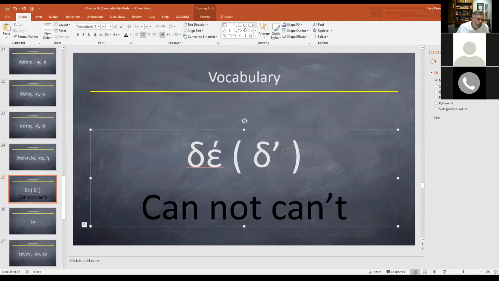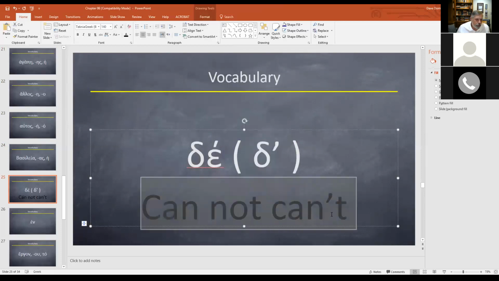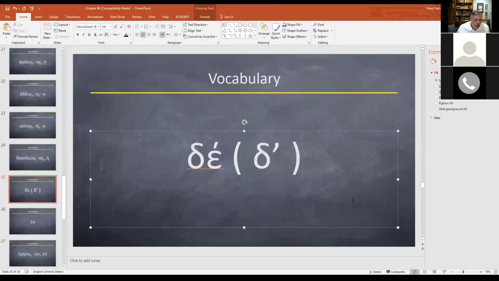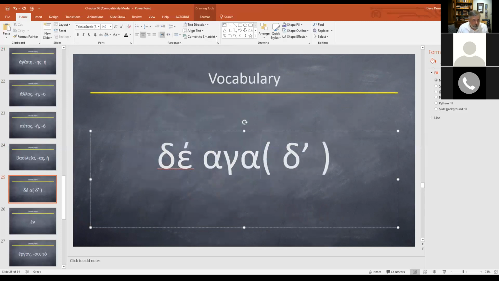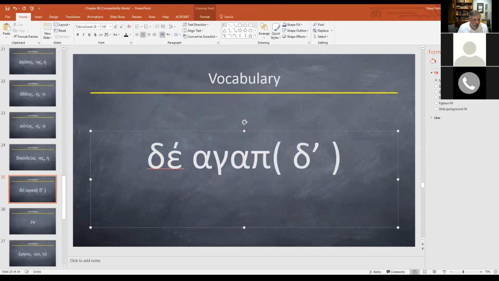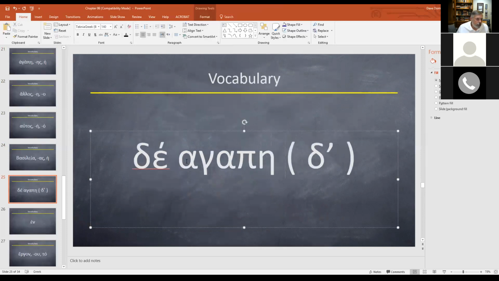And when this occurs, that's because the word that comes after it has a vowel, and they don't like to put them together. So this is the exact same word, de and d, and you pronounce it with the word it's attached to. So this is not much different in English. That's what I was trying to show you. So same word. If there's another word like agape, then we wouldn't write it de agape.